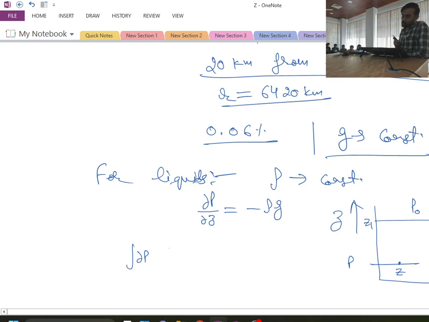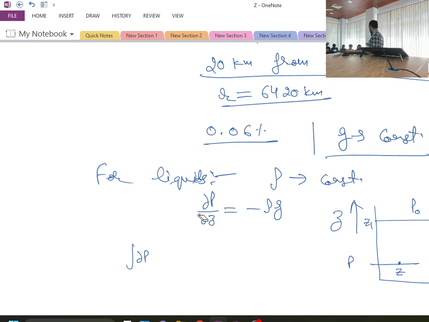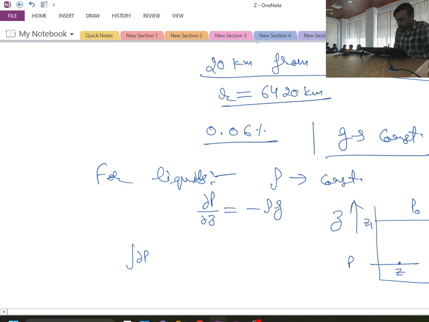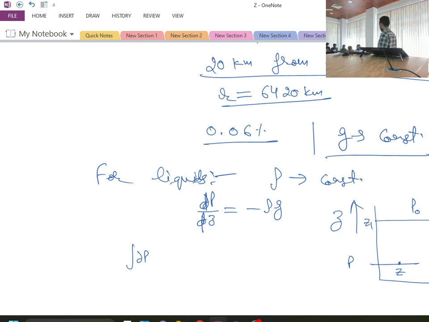One more important point: now for this gradient operator, yesterday we saw that del p by del x is 0 and del p by del y is 0. So this gradient exists only in the z direction. In place of del, I can write dp by dz, so instead of the partial derivative I can write the ordinary derivative, because pressure depends on only a single variable z.